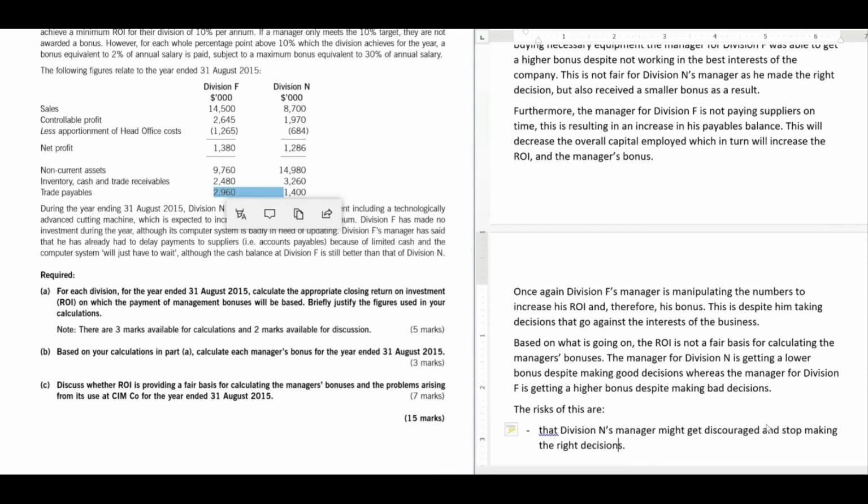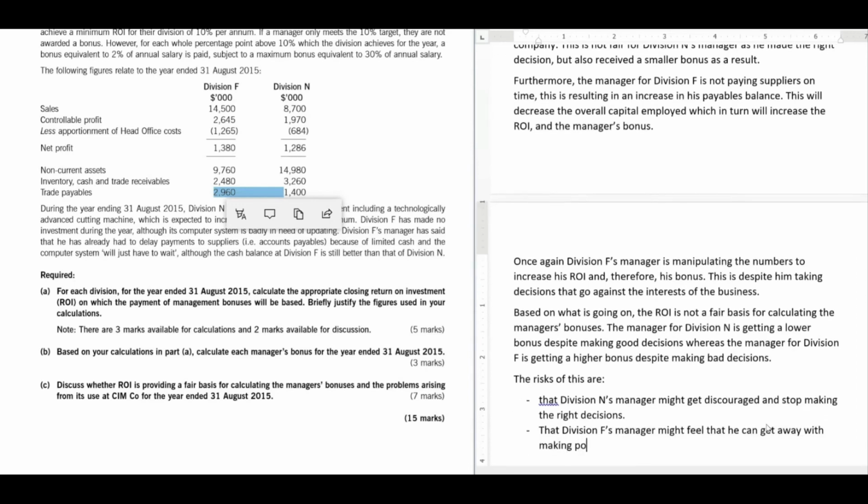Okay, that Division F's manager might feel that he can get away with making poor decisions and still get a high bonus, making him continue the same, right? That's a risk.